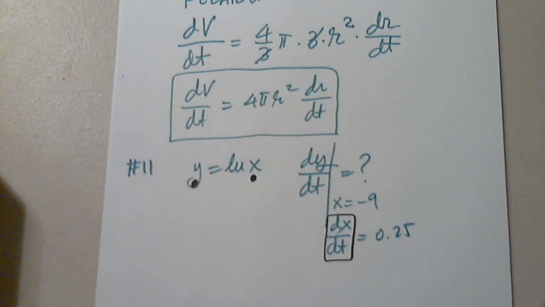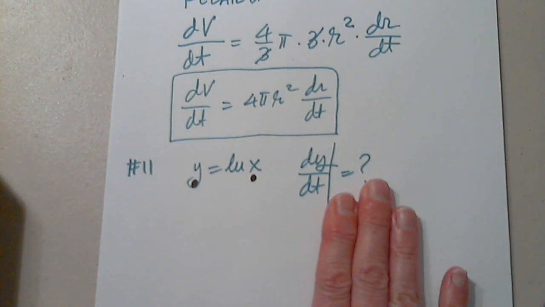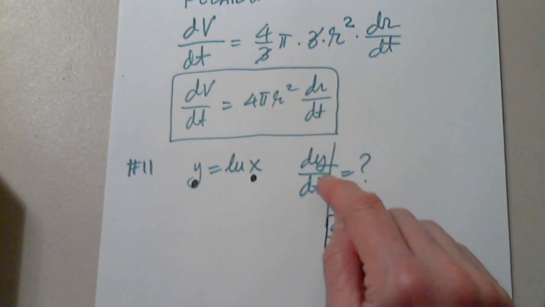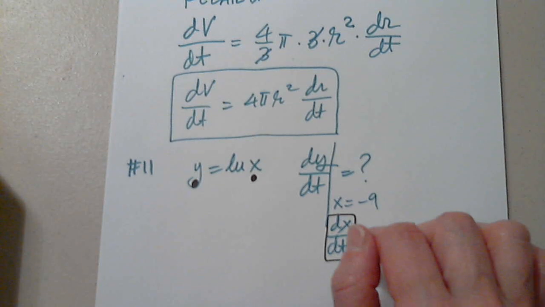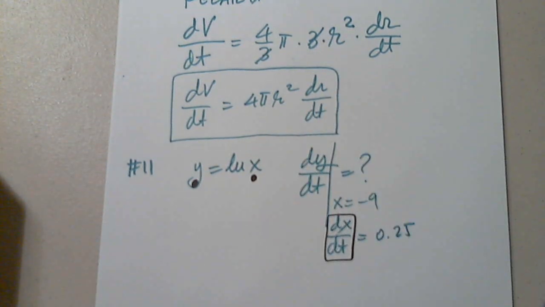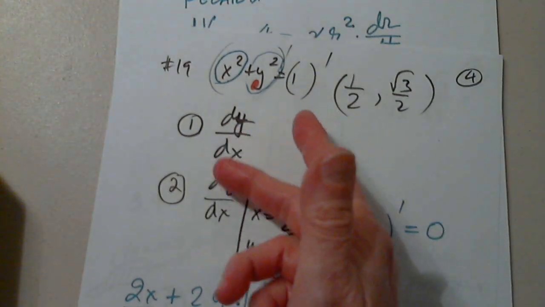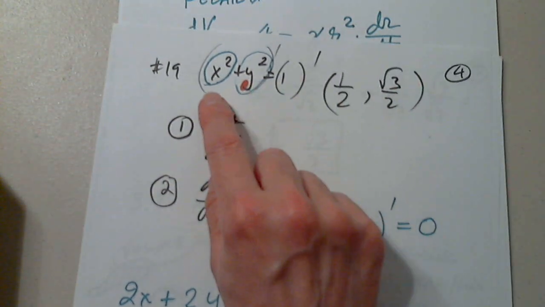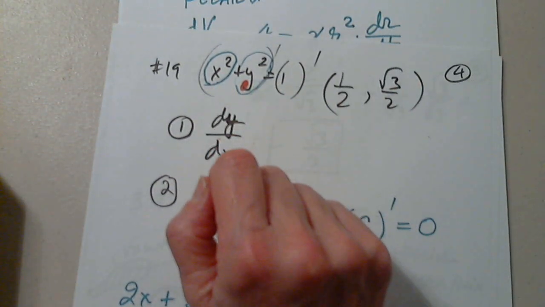So we remember that both are functions of t, or time if you want. So I cannot plug in anything till I find dy over dt. After I find dy over dt, then I plug this in. It's very similar to what we just did a few minutes ago with implicit differentiation. Very similar. It's just one step further. Why? Because now x is a function of time as well.